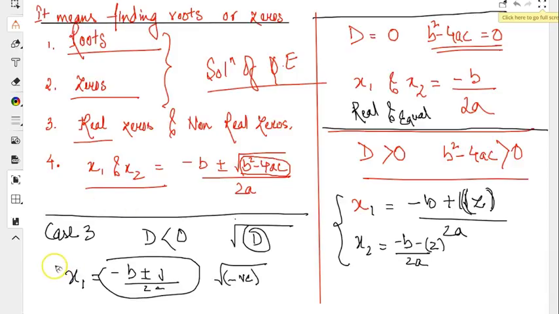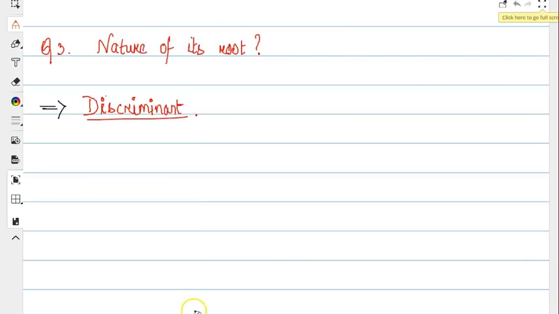This is something which you don't have to study in detail now, because complex numbers you will get in class 11. So coming back to this, you just need to know when your roots will be real and when your roots will be non-real. The nature of roots depends on the discriminant, is what you need to understand.